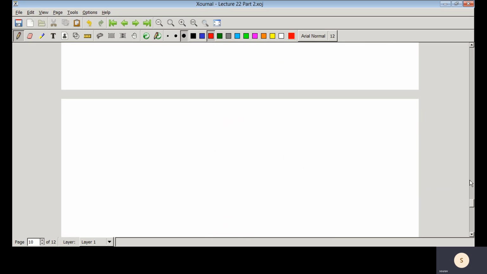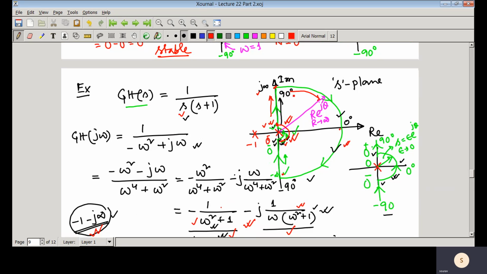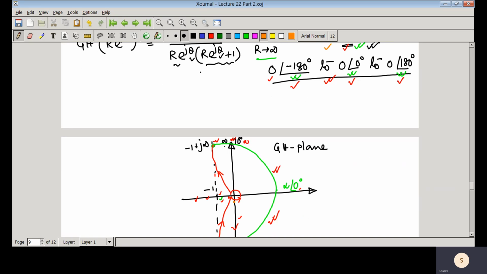So then in the Nyquist contour, we reach here at this particular point, and then if we just keep on increasing that omega value, that means from 0 to infinity, then we have seen what happens at infinity. When omega tends to infinity, it comes to that 0 angle minus 180 degree. So this is that 0 angle minus 180 degree point, and there would be a small circle here.